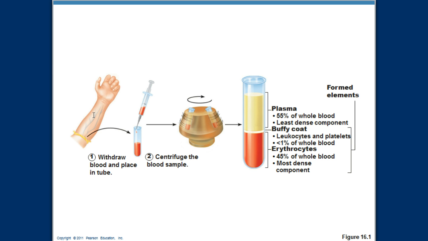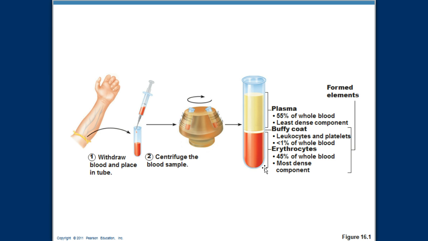So when you take this connective tissue, you can separate out the cells from the extracellular matrix that they are suspended in. The cells settle out to the bottom because they are heavier than the plasma. The red blood cells, or erythrocytes, being the most dense, settle to the bottom with the white blood cells on top.